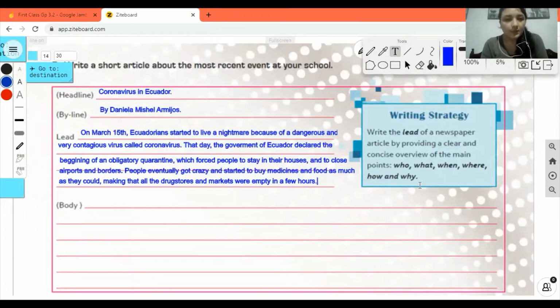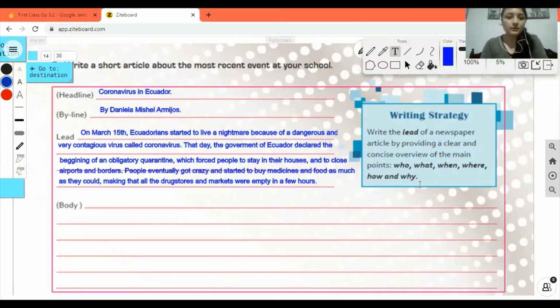As you can see, I included the answer to all these questions that we have to focus on. Who in this case is the affected party? It's about Ecuadorians and how they live this situation of coronavirus.